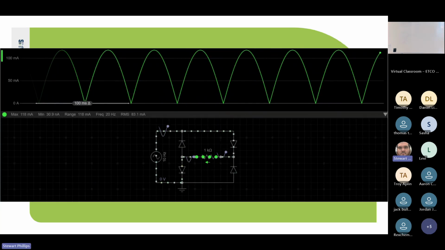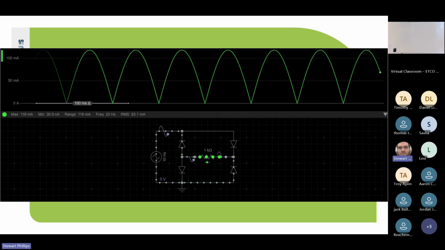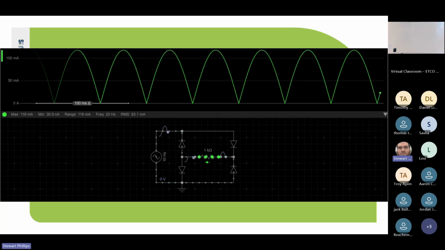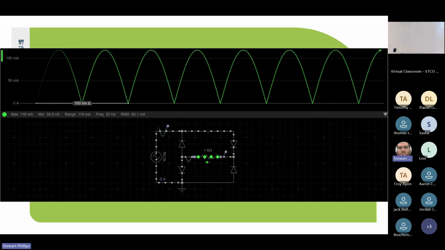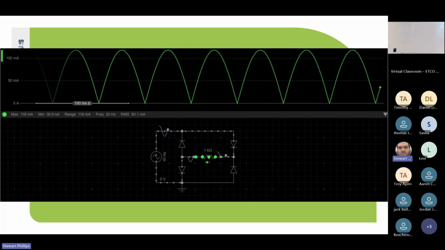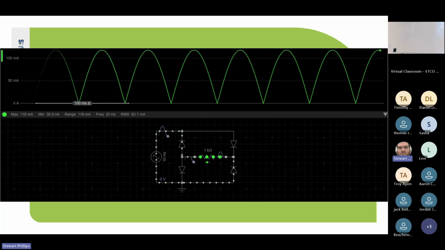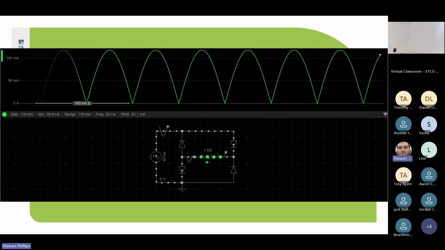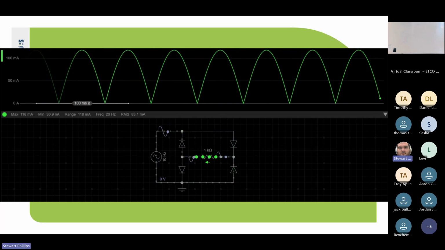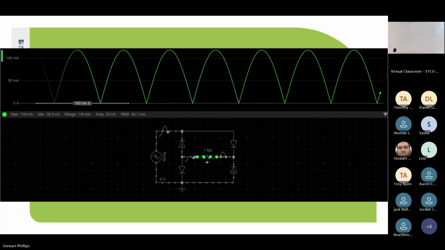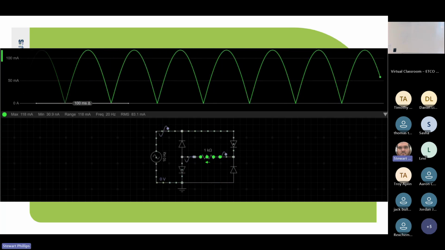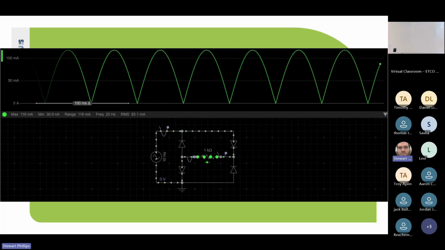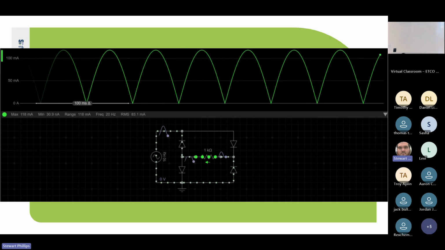Now the next one, we have a full wave rectifier circuit. This time we're using 4 diodes. At any one time, 2 of the diodes are allowing current to flow through the positive and then to the negative. In the half wave circuit, the diode was like a one-way tap, only open half the time.